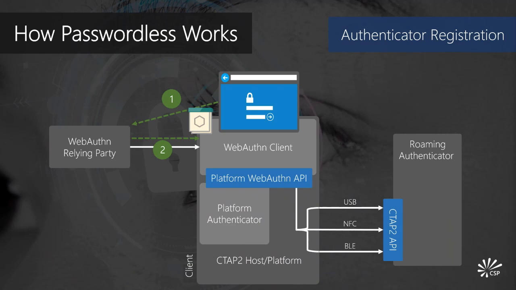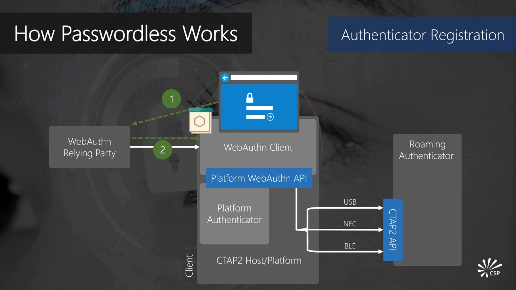That's considered the WebAuthn reliant party. So if I'm setting up my credential for SharePoint, that reliant party is going to be Azure AD, the identity provider underneath SharePoint Online.